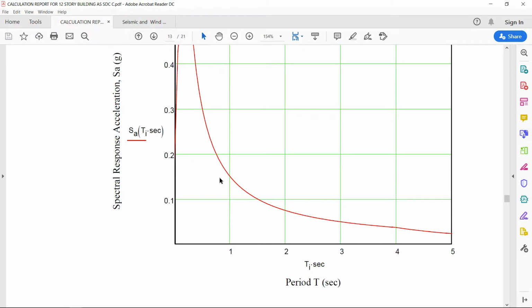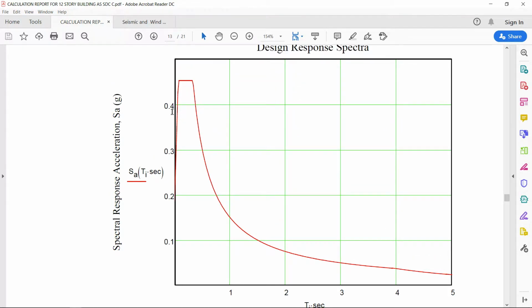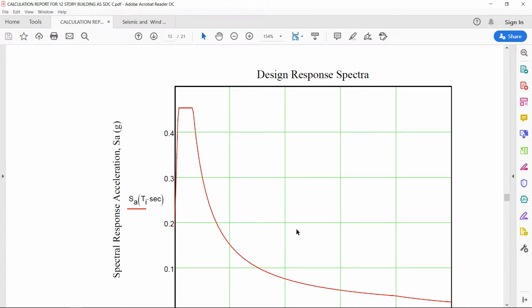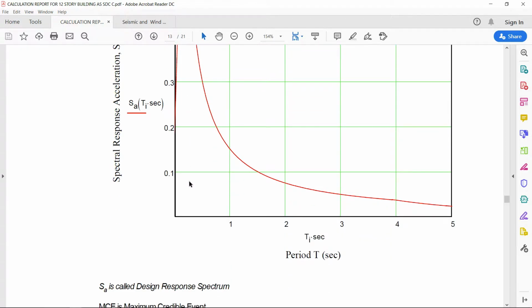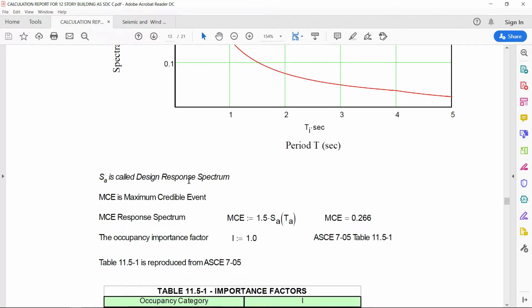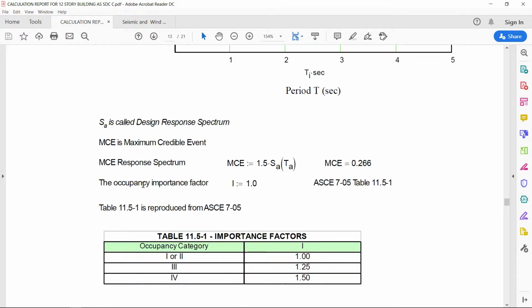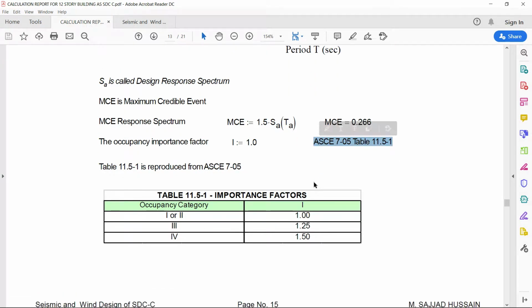When we define the ASCE 7 seismic parameters, we will get this sort of response spectra, and it will be followed. Although it was not part of the calculation, I did it for the sake of completeness.